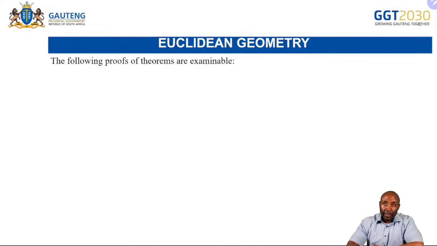In Euclidean geometry, we are only going to look at one question that was in the question paper, but we'll go over all the examinable theorems and show how we do the proofs of those theorems, because that's where we can also easily get the 5 or 6 or 7 marks depending on the theorem that you are answering.